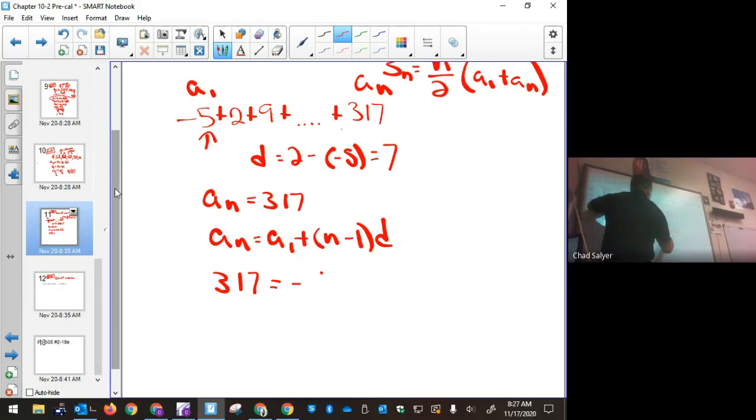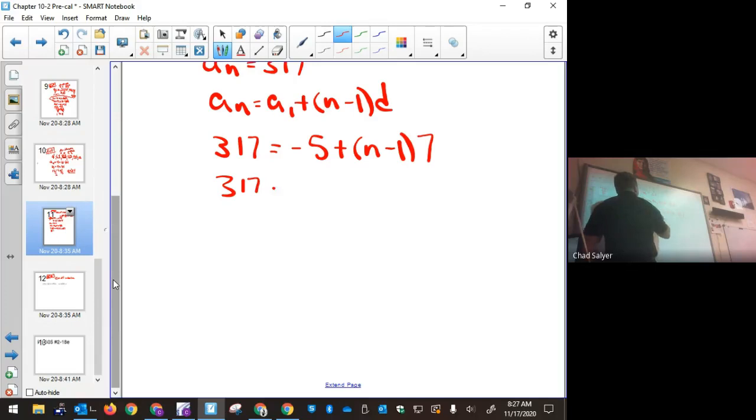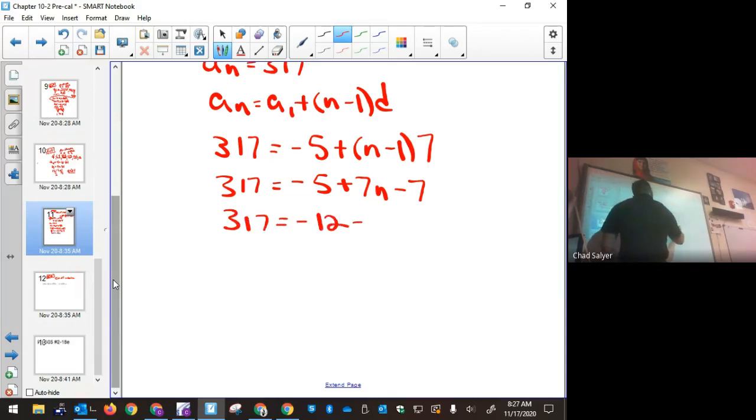317 equals negative 5 plus n minus 1 times 7. 317 equals negative 5 plus 7n minus 7. 317 equals negative 12 plus 7n. Add 12 to each side. 329 equals 7n.